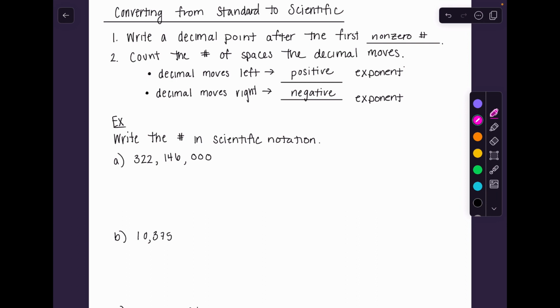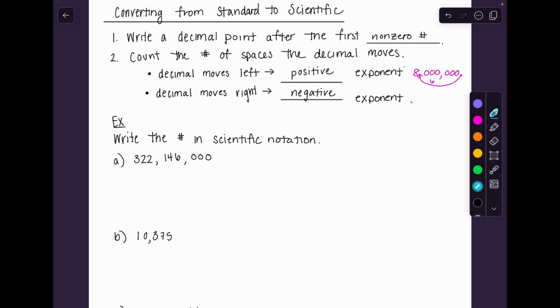So to just kind of give you an example here, if you had 8 million, your decimal sitting right here, this should be a big number. You would have to move it after the first non-zero number, which is the 8. Okay, so you have a big number, it's going to have a positive exponent. And then in this case, because you're moving the decimal 6 spots, it would be 10 to the 6.